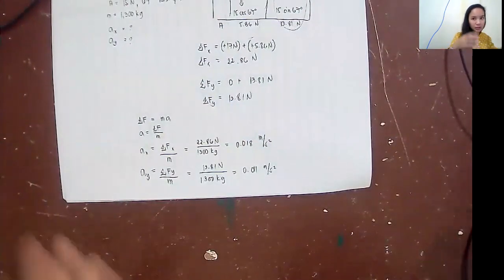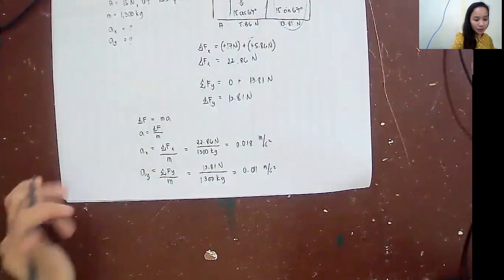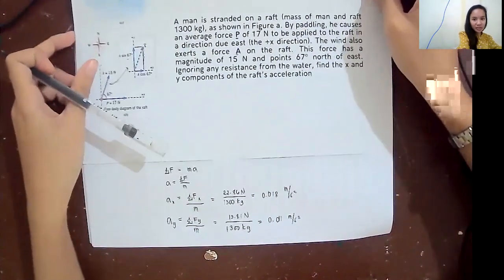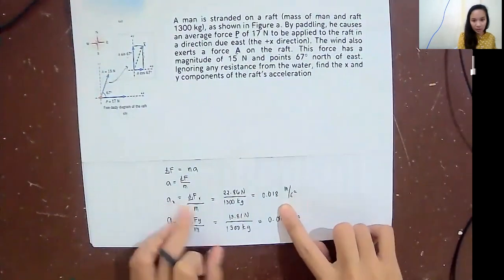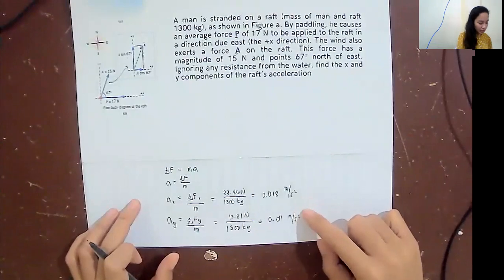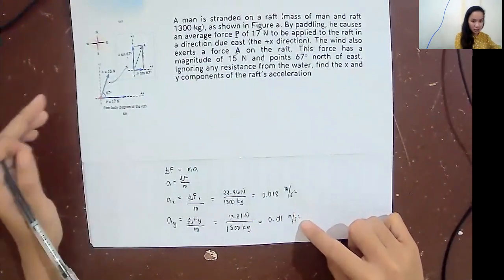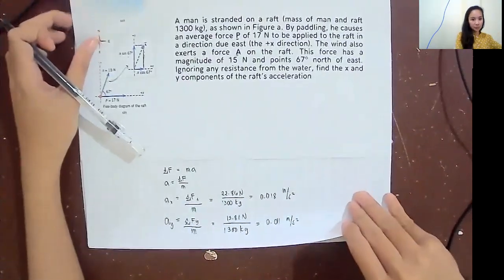So this is now the answer for our example. We have the x and y components of the raft's acceleration: 0.0188 meter per second squared for the x component, and 0.011 meter per second squared for the y.